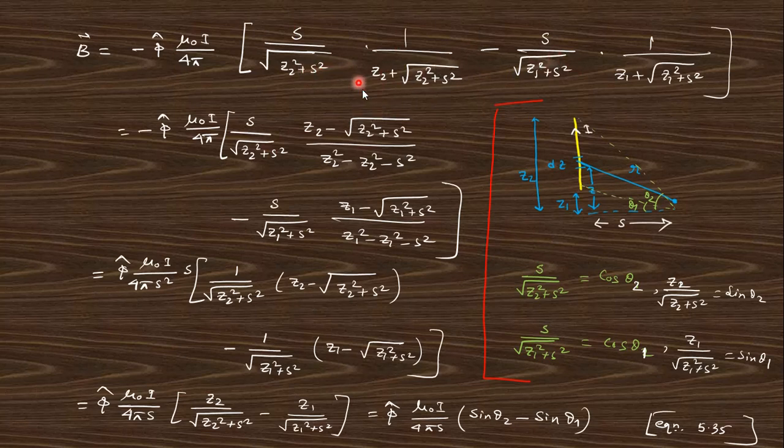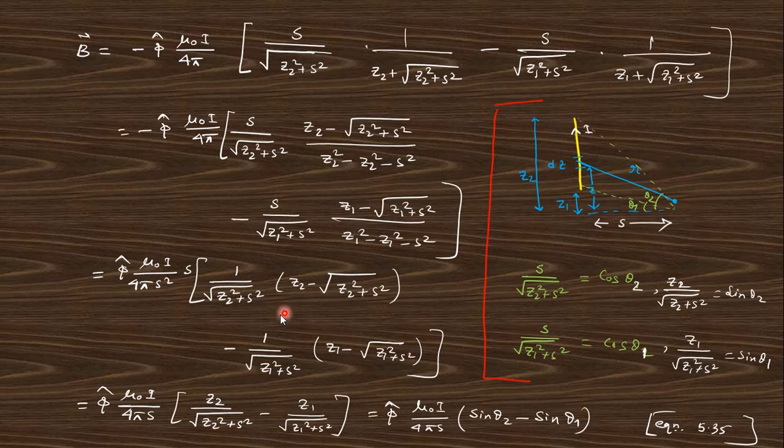Okay. And now if you multiply this z2 minus root under this with the lower and upper side, you will get this one, and in the same way for that one, you will get this one, and taking this common, you will get this one. And you can see from this figure, if you take this angle as theta 1 and this angle as theta 2, sin theta 1 is nothing but z1 by root under z1 square plus a square, and sin theta 2 will be z2 by root under z2 square plus a square.